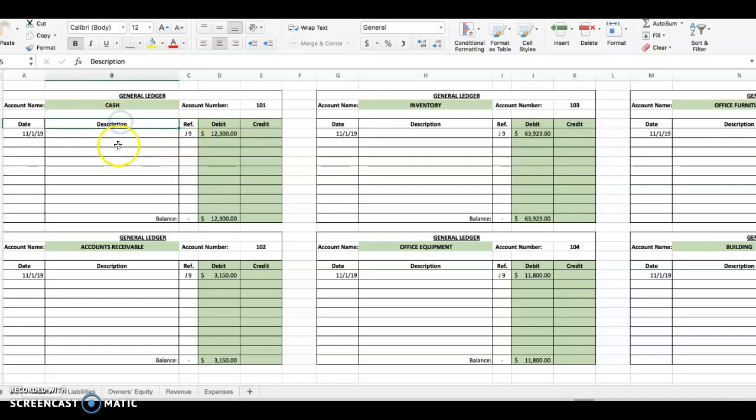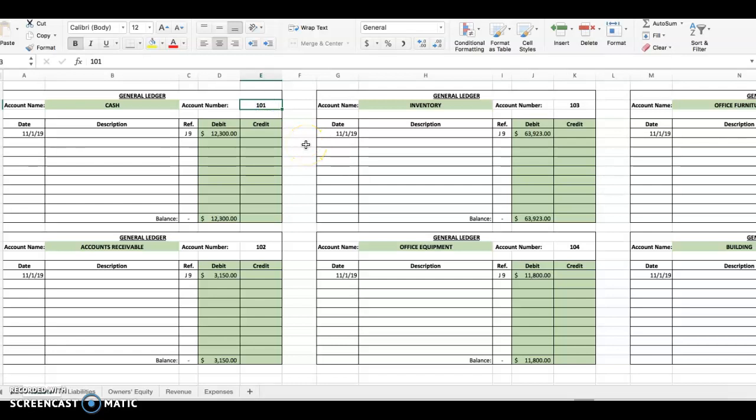The description is rarely used. Once in a while, something unusual happens and we need to do a little description of what this entails here, but most of the time that column is not used. We also have obviously the name of the account up at the top, and each account has an account number.